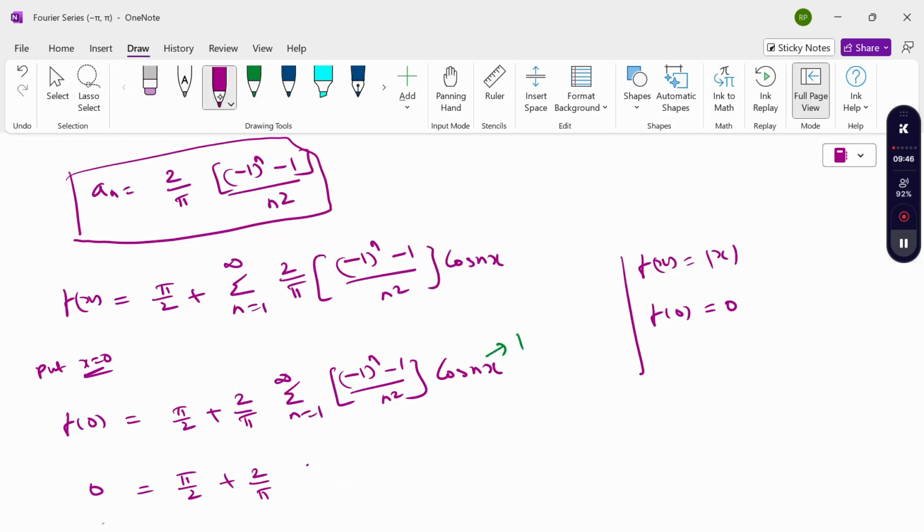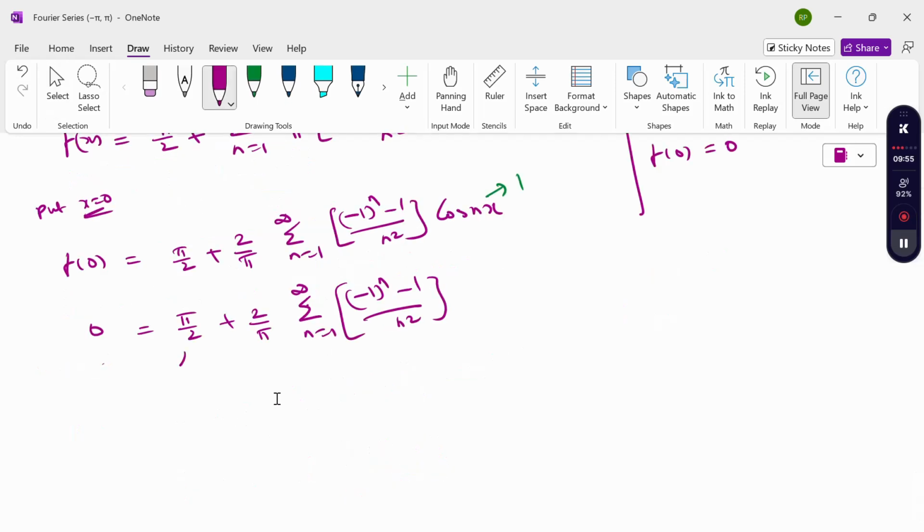Next I will continue. This is a summation from n equals 1 to infinity of minus 1 power n minus 1 by n square. Now the pi by 2 term, when I shift it to the left hand side, minus pi by 2, then 2 by pi. When I substitute n equals 1, minus 1, then minus 1 by 1 square.